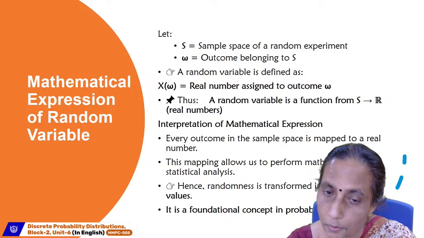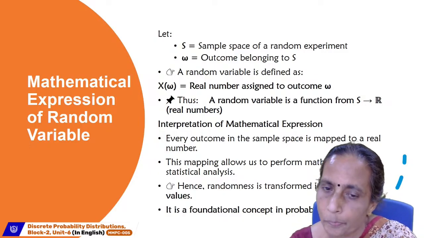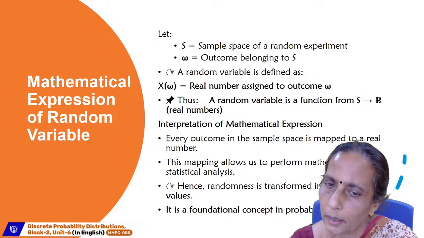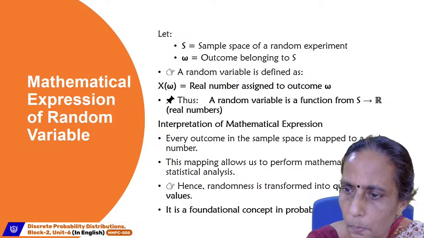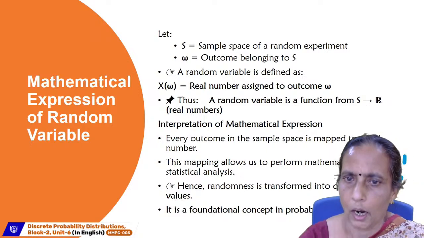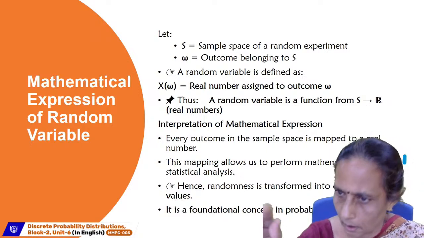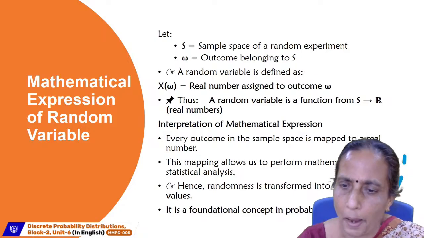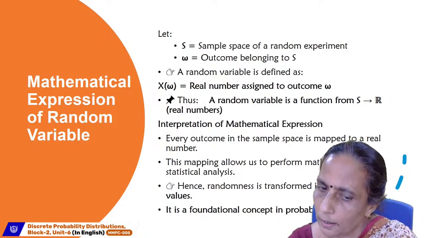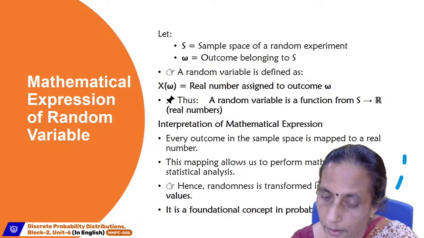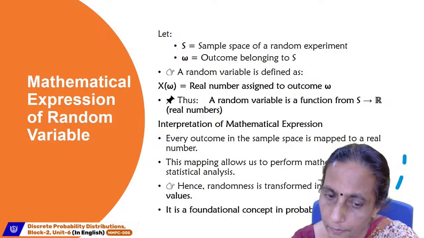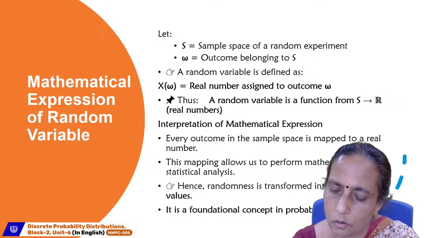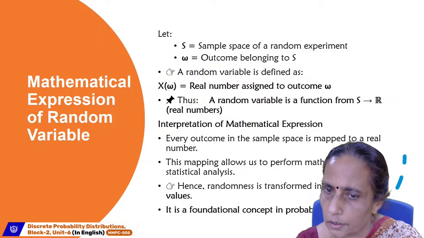The interpretation of the mathematical expression is this: every outcome in the sample space is mapped to a real number. This mapping allows us to perform mathematical and statistical analysis. Hence, randomness is transformed into quantifiable values. It is a foundational concept in probability and statistics.